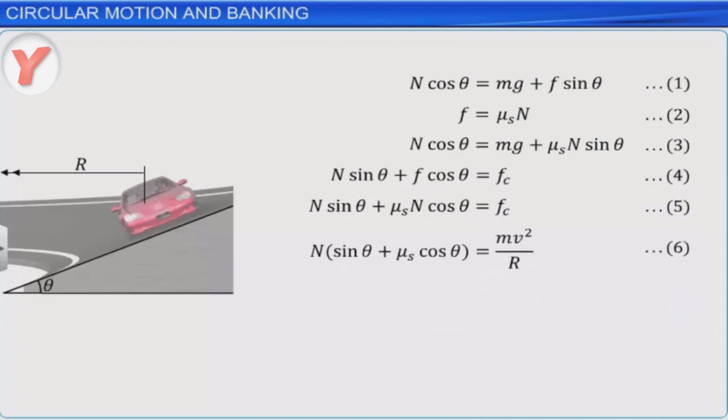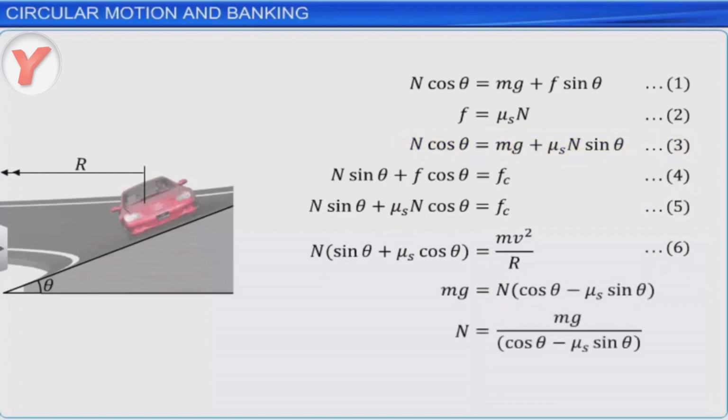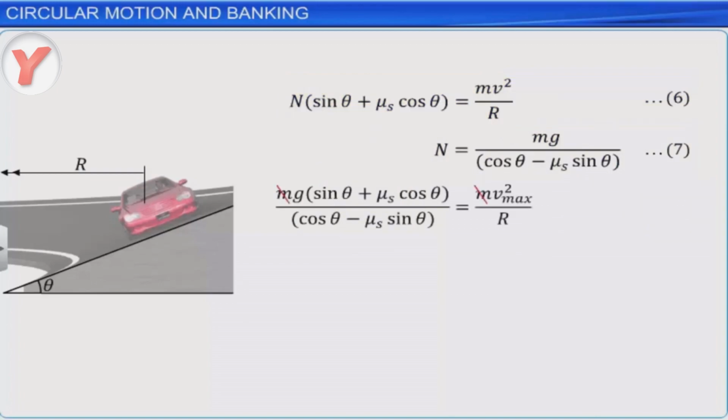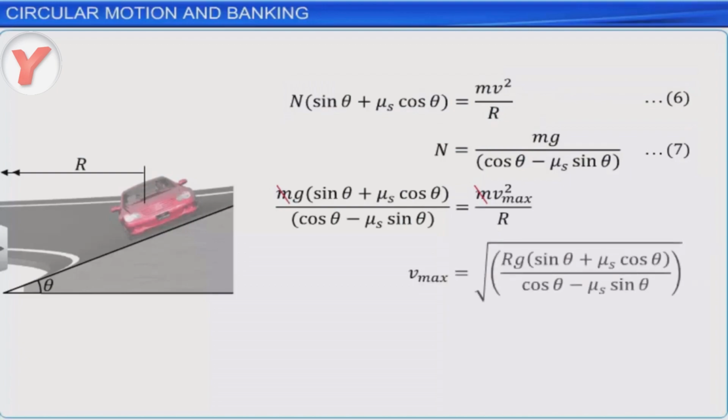From equation 3, N is equal to mg divided by cos theta minus mu s sin theta. Let us call this equation 7. Substituting equation 7 in equation 6 and solving, we get the maximum velocity Vmax as shown.